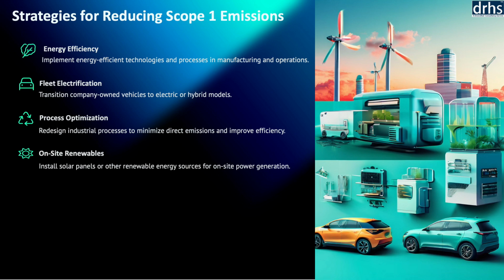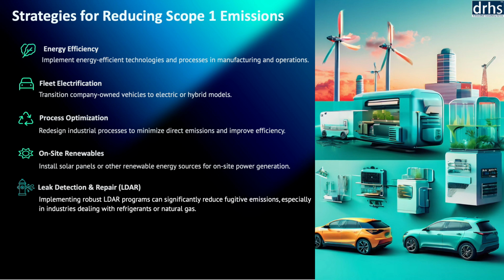On-site renewable offers the added benefit of energy independency and can shield companies from energy price volatility. The US Environmental Protection Agency, that is EPA, notes that businesses adopting on-site renewable energy can achieve substantial emission reduction while also realizing long-term cost saving.